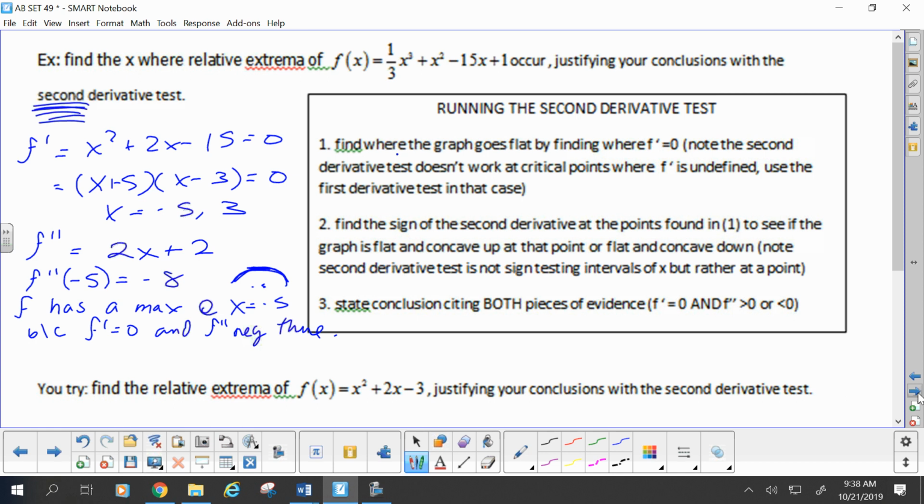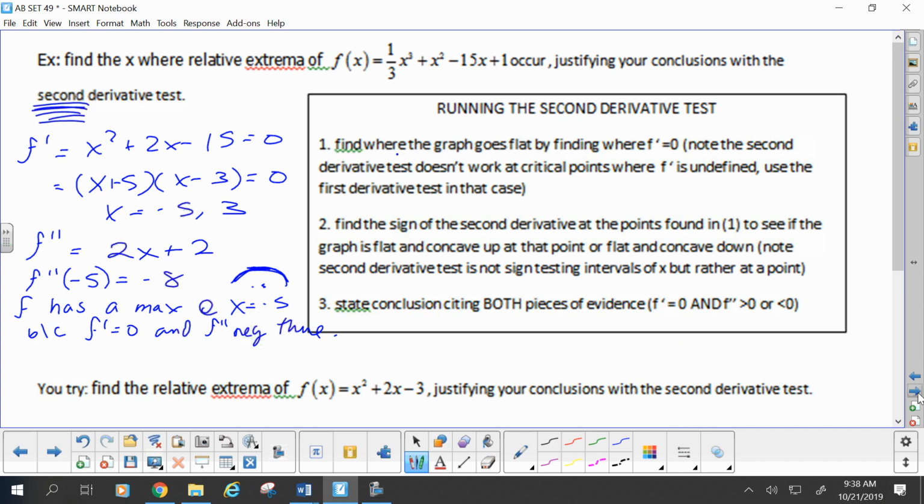Can you just sign test and find out if it's actually right? In some cases, yes, but in some cases, your derivative is actually a function of x and y, and there's no such thing as a two-dimensional sign test. So there are cases where the second derivative is all over.